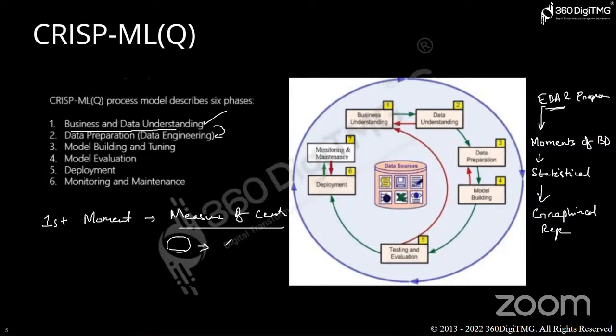We can say this is like the average value. These are measures of central tendency. There are three main things to consider: mean, median, and mode. Then we have the second moment, which is the measure of dispersion.